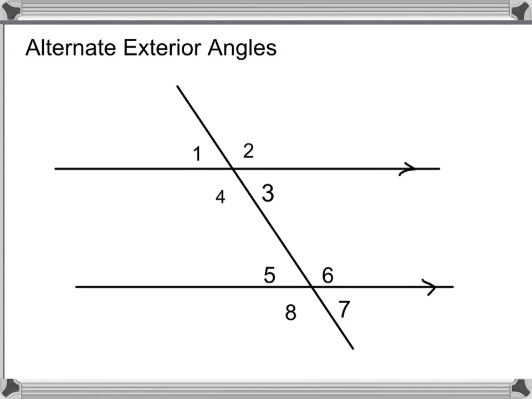Alternate exterior angles. Just like there are 4 angles that are interior when a transversal cuts through 2 parallel lines, there are 4 angles that are exterior. So the exterior angles are 1, 2, 8, and 7. Now, the ones that alternate, the ones that are on opposite sides of the transversal, are congruent.